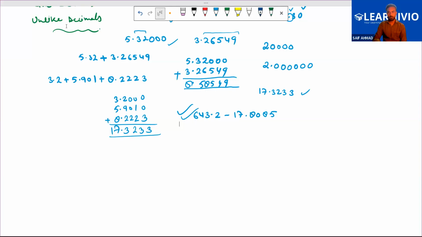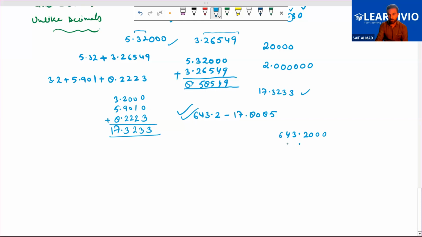Sir, where to put the decimal point? You have to put the decimal above a straight line. But here there are 3 digits, here there are 2 digits. No problem. First make it like decimals: 643.2, we put 000. Now put the decimal here, in the line of decimal.